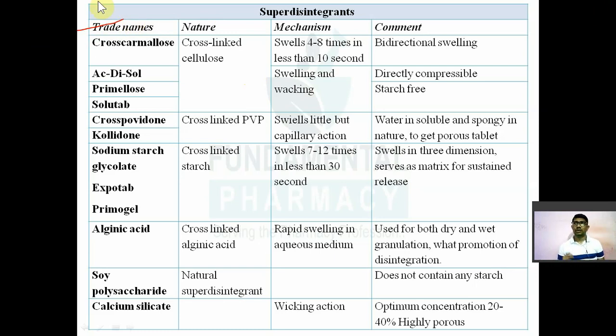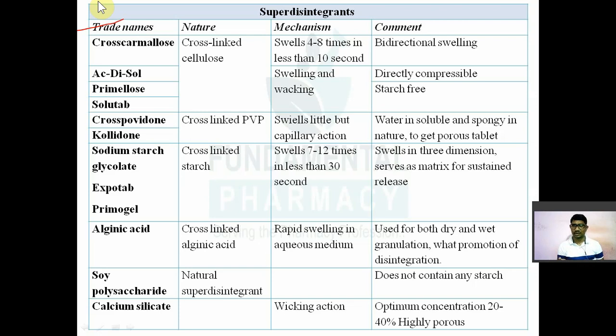If you use starch paste, or any disintegrant other than a super disintegrant, it will also disintegrate the tablet, but it will take time. The tablet may take 10 minutes or 15-20 minutes to disintegrate completely. A super disintegrant will break down the tablet within 1 minute, or within a few seconds.